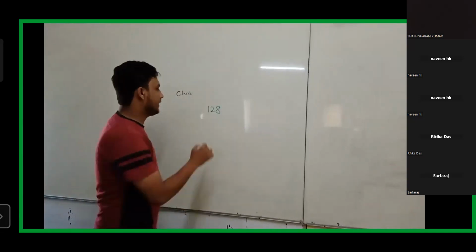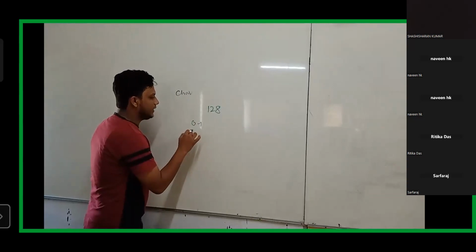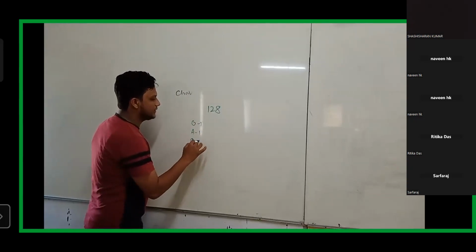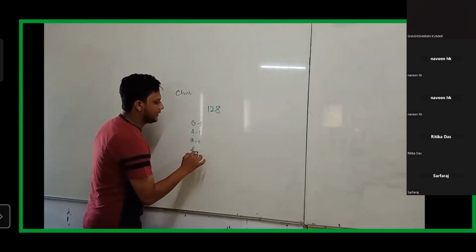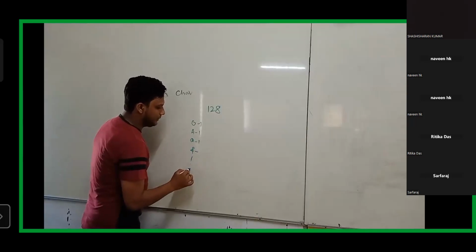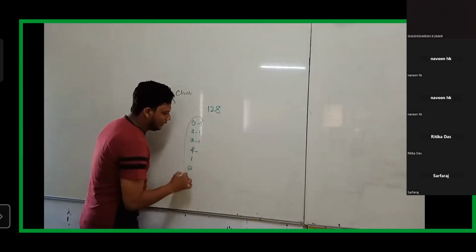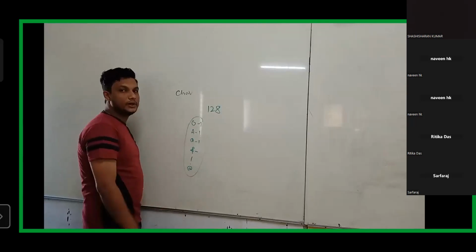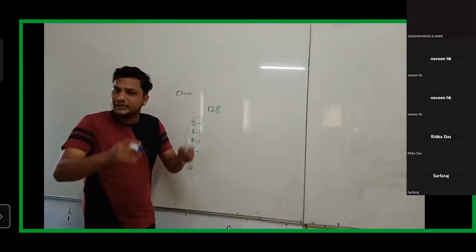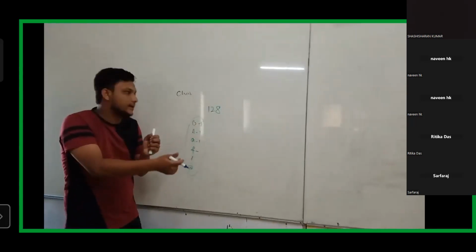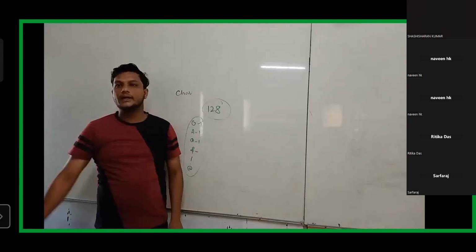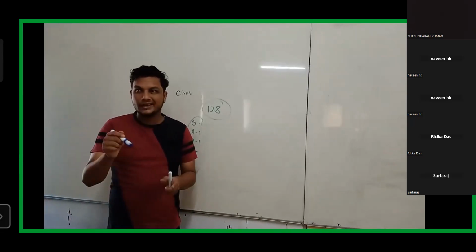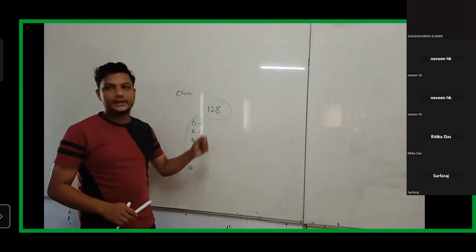That is, if I consider 0 as 1, A as 1, small a as 1, the special characters like exclamation mark, at the rate, all the characters, numbers, uppercase, lowercase, space, everything, if you calculate, there are 128. In English alone, 128 are there.